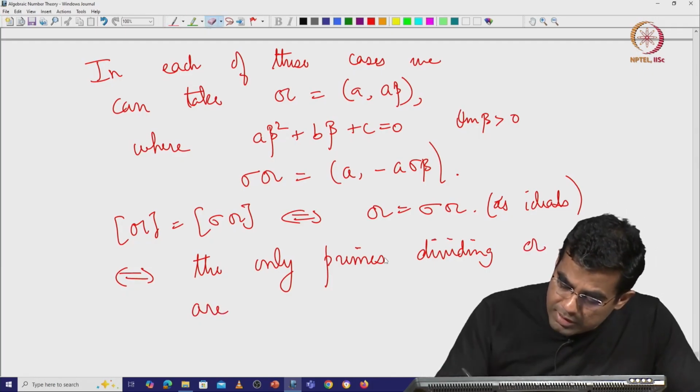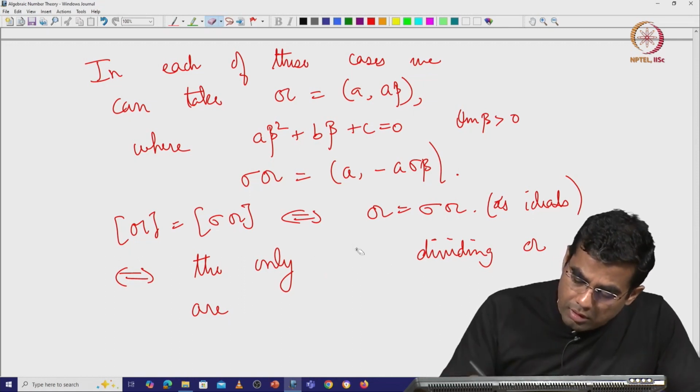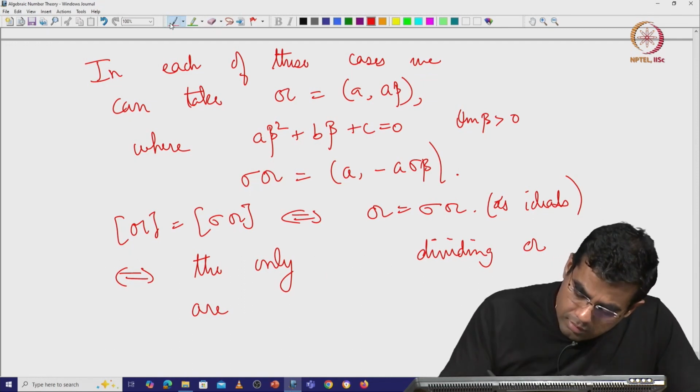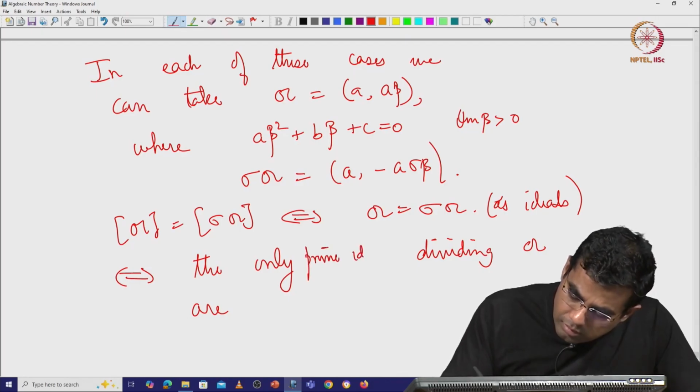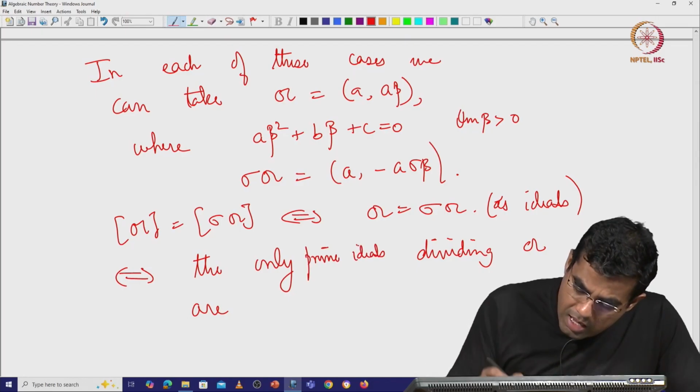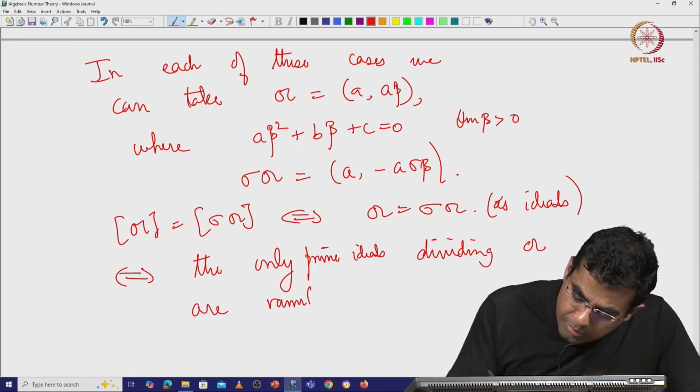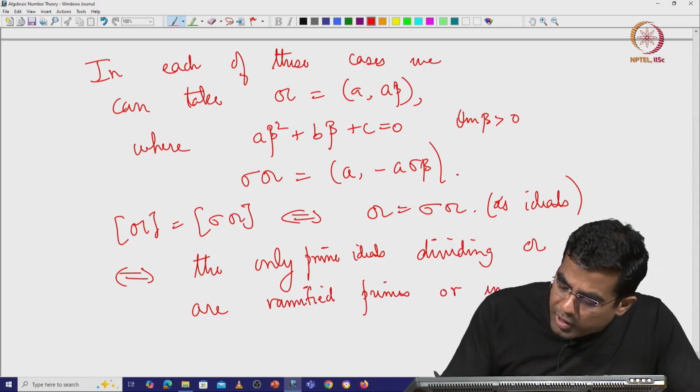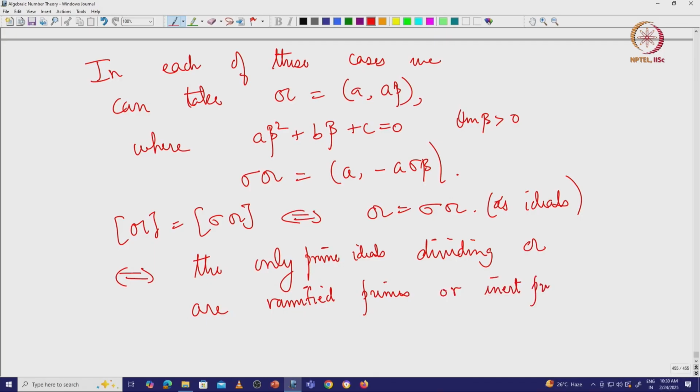So, let me write it explicitly here: the only prime ideals dividing A are ramified primes or inert primes, so things that are already coming from primes of Q. We can ignore inert primes, we can divide out by inert primes.